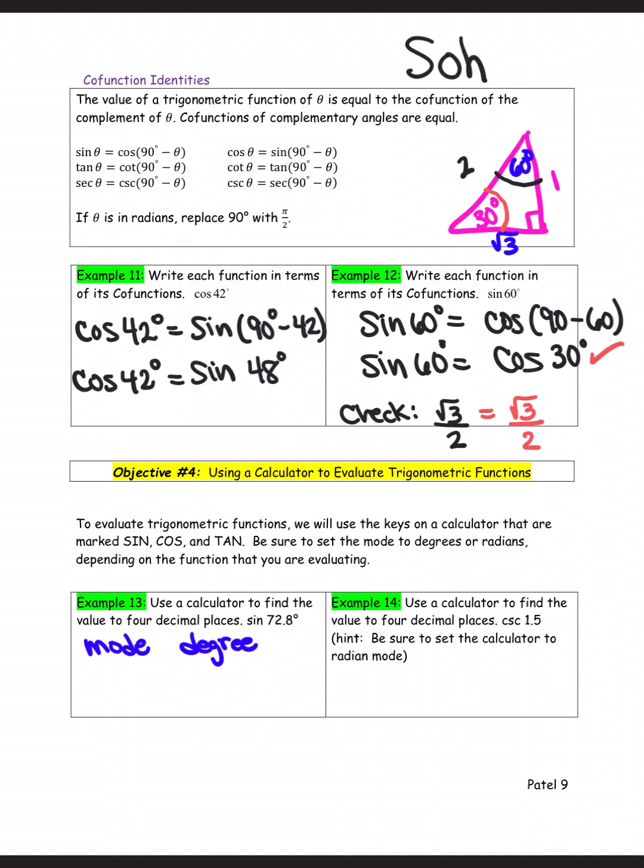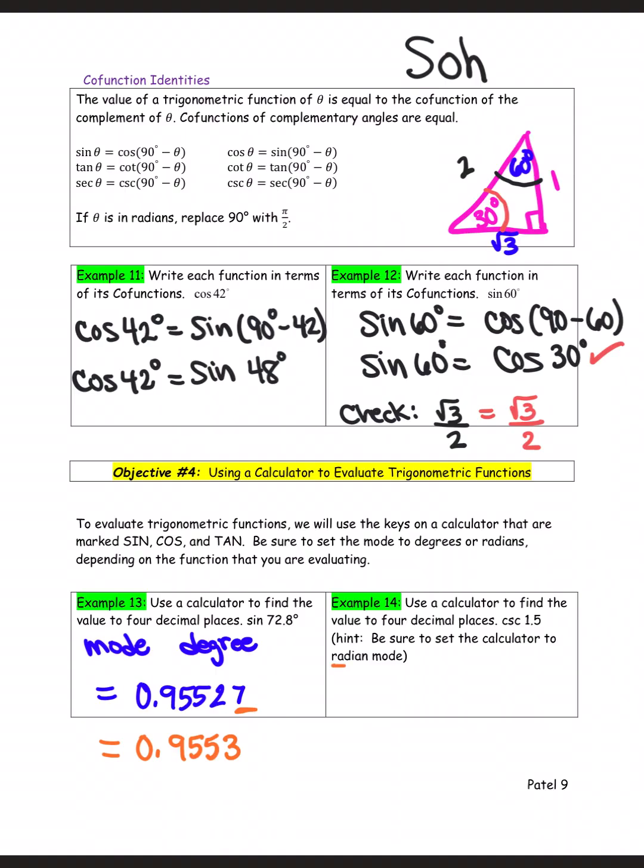Close the parentheses, hit enter, and we should get 0.955. Since it's 27 and we're doing 4 decimal places, notice this is more than 5, so we're going to round to 0.9553.